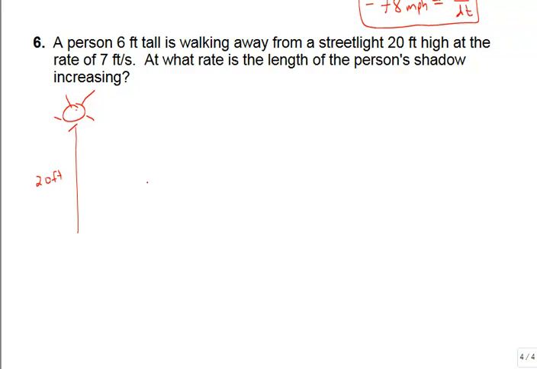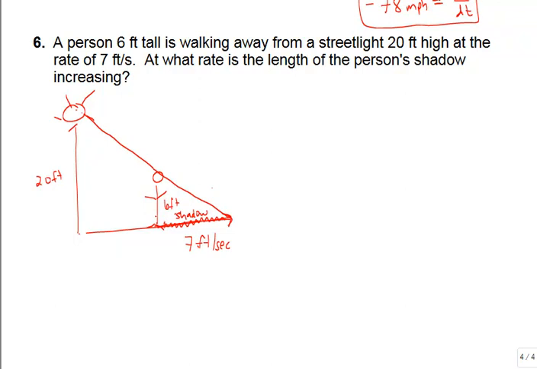And then we have a person who's 6 feet tall who's walking away from the street light. So he's going this way at a rate of 7 feet per second. And the light is shining down on this person so that their shadow is this length right here. So there's our shadow. That's how you want to draw your picture.